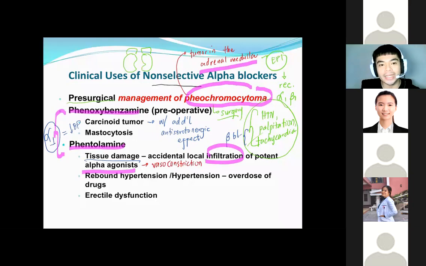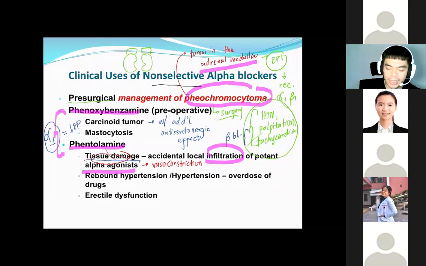And di ba nabanggit natin, like sa mga catecholamines kanina, kapag merong too much exposure to alpha agonists, that can cause digital necrosis. Di ba namamatay ang mga tissues? Naalala niyo yung sa daliri kanina? Yes po. Kapag ang patient halimbawa ay may digital necrosis or tissue damage, we can use phentolamine. Why?